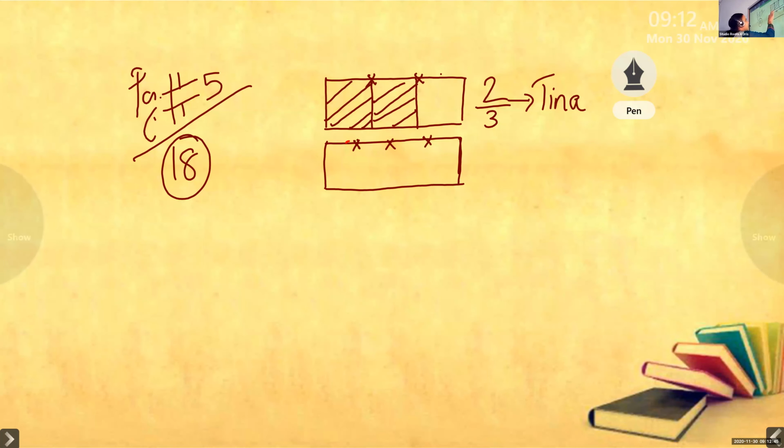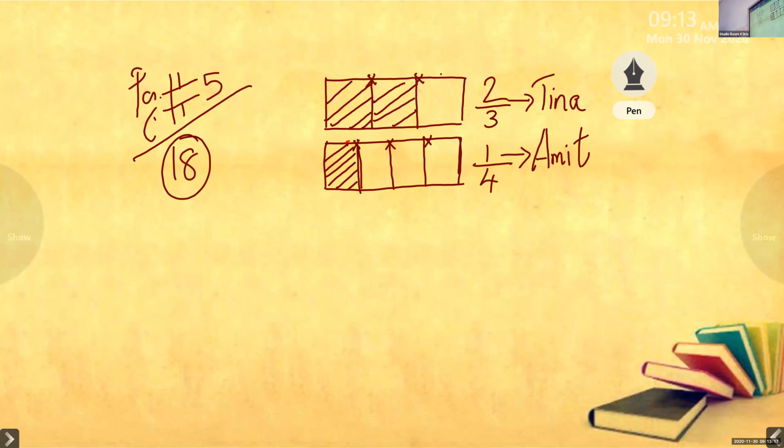So this is the fraction 1 by 4. 1 by 4 means how many portions have to be colored? Only 1 part. Who has eaten this much apple? That is Amit.